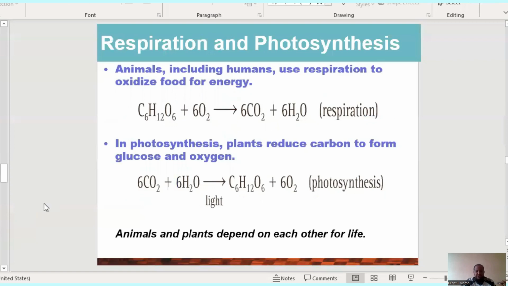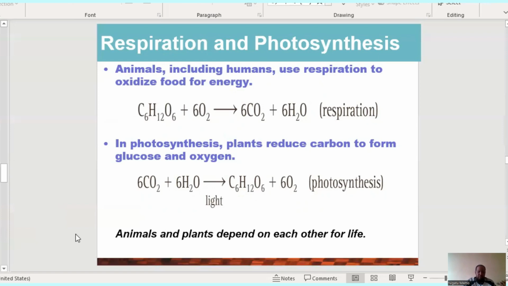Okay, respiration and photosynthesis are redox reactions. Animals, including humans, use respiration to oxidize food for energy. Okay, this is a redox reaction. Photosynthesis also is a redox reaction.